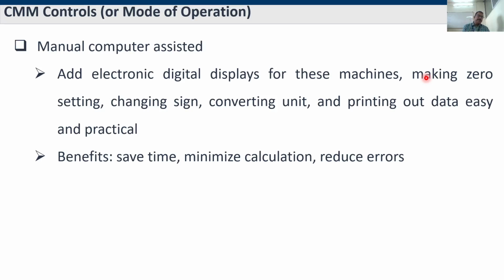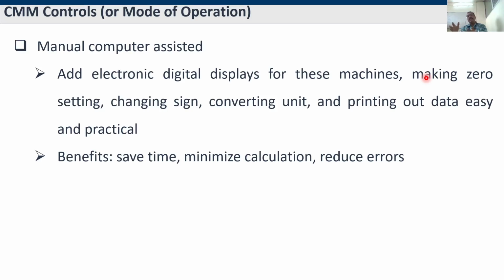But if you keep one end of the object as the reference, like a home position, and place the probe there, you can set it to 0, change the sign plus or minus, or change the unit like millimeters, centimeters or meters, and choose what kind of data you want to print.